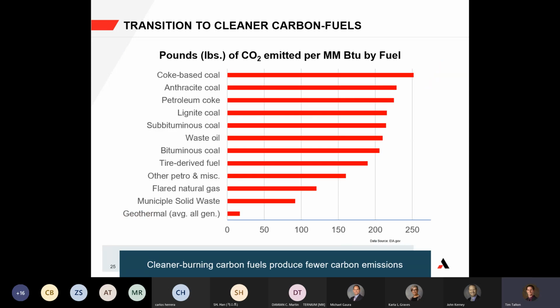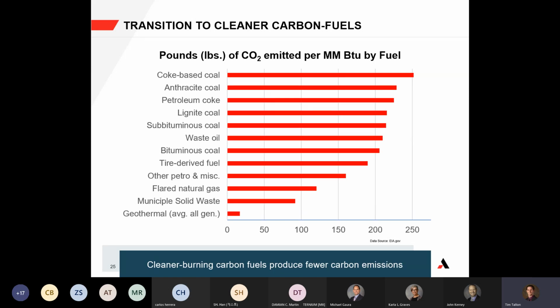Now, if you're planning to transition to a cleaner fuel source, they can be carbon-based, and there can actually be an impact by going from one carbon-based fuel source to another. This is some governmental data on the pounds of carbon dioxide emitted per million BTU of fuel.